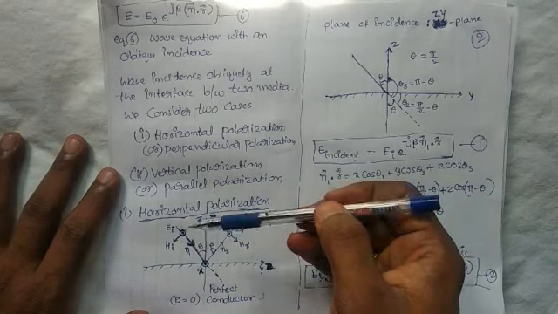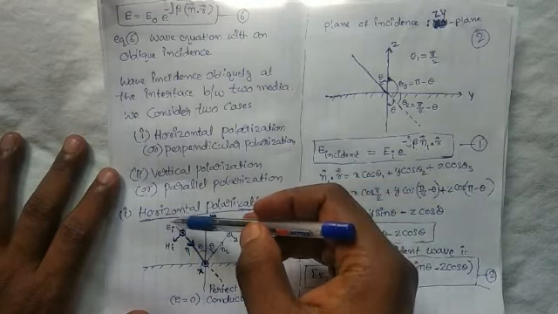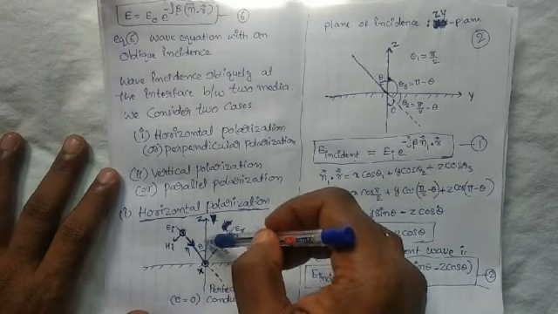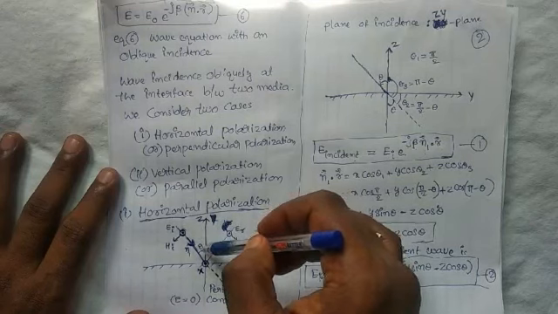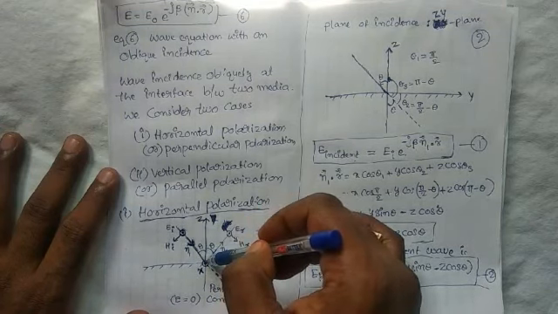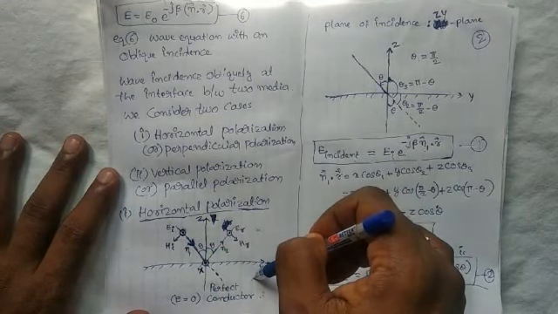Let us consider the wave incident at the interface, making an angle theta with the normal axis. Here the wave is incident at the interface between a dielectric and a perfect conducting medium.